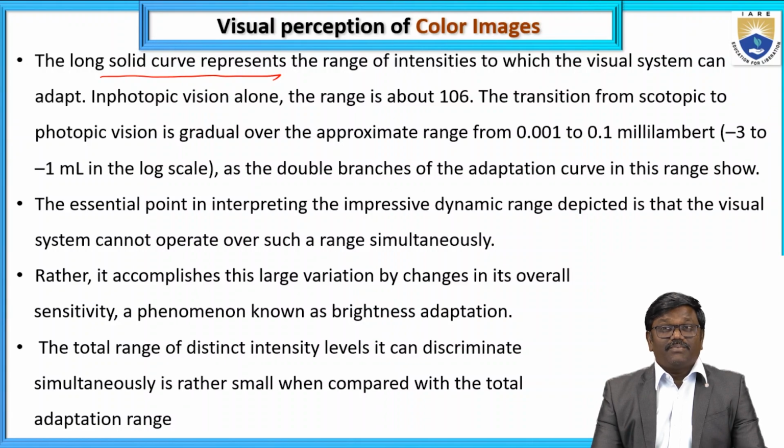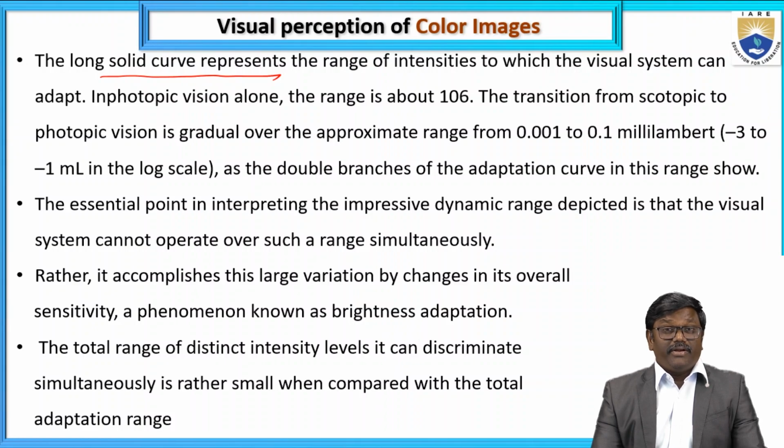The transition from scotopic to photopic vision is gradual over the approximate range from 0.001 to 0.1 millilambert, that is, -3 to -1 in log ml. Simply write ml on the log scale. The double branches of the adaptation curve in this range are as shown.